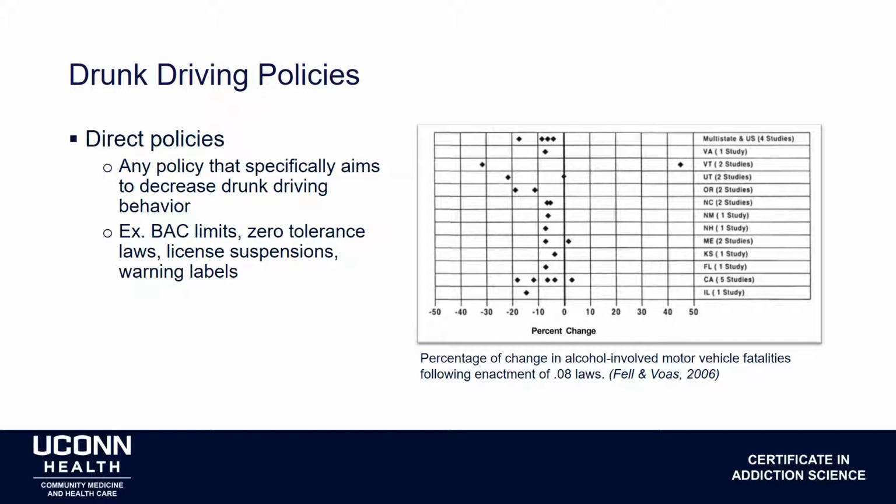There's administrative license suspension, so if you get caught drunk driving, you automatically have your license suspended. And then things like warning labels to try to prevent people from drunk driving. These are all directly related to drunk driving. There's really no alternative thing for these to be impacting.